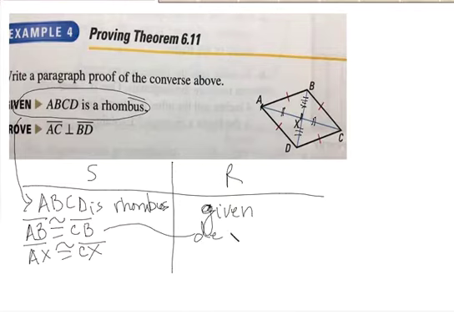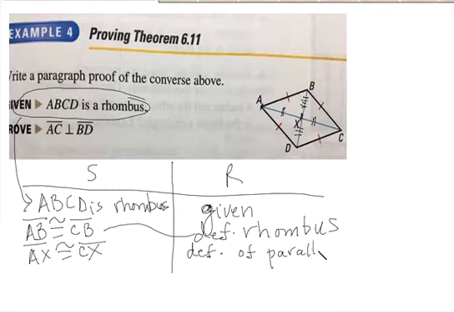This is the definition of rhombus. Oops, I should have said that first. And then for this one, we would say that the diagonals bisect each other, a definition of parallelogram, because it's a parallelogram.